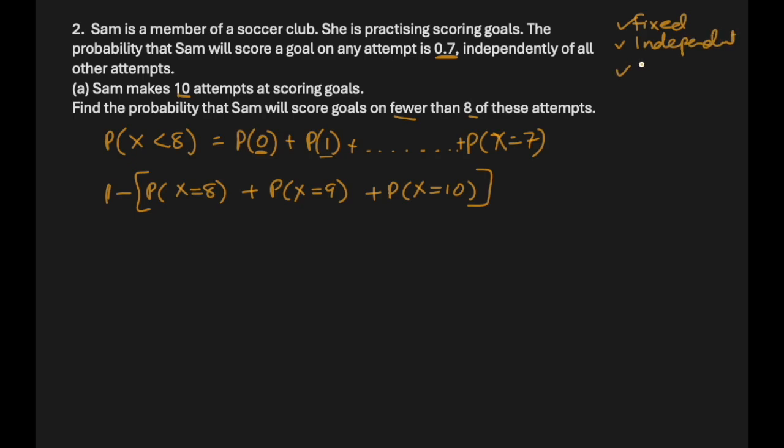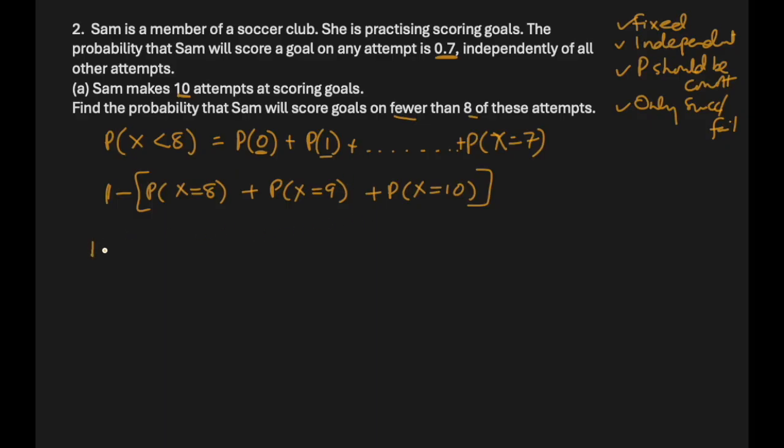Third condition is that the probability should be constant, which is also met. And fourth, there should be only success and failure, which is also met. How? Either the goal will happen or goal will not happen. There are just 2 possibilities. So all 4 conditions met, we can use binomial probability in this one.